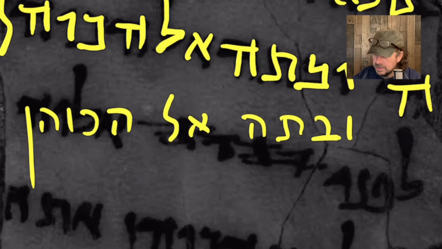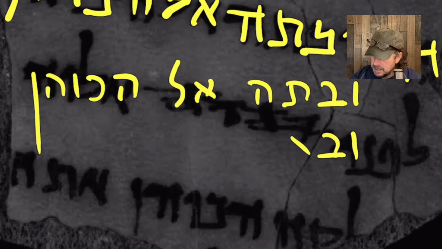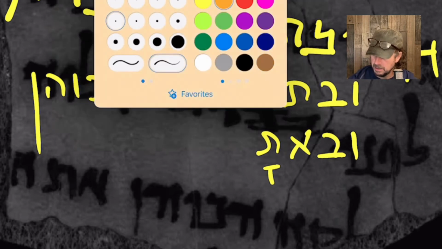But what's interesting is this is not what the Masoretic text reads precisely. The Masoretic text says vav, let me make it a little smaller, bet, and then aleph here, because the verb lavo, to go, has an aleph, and it's vata, like that. There's no hey at the end. So the difference here is in 2 places.